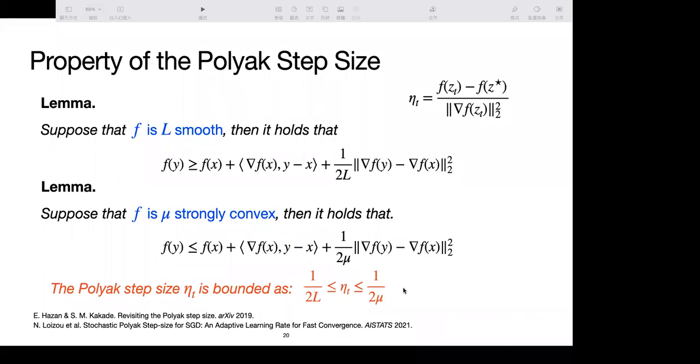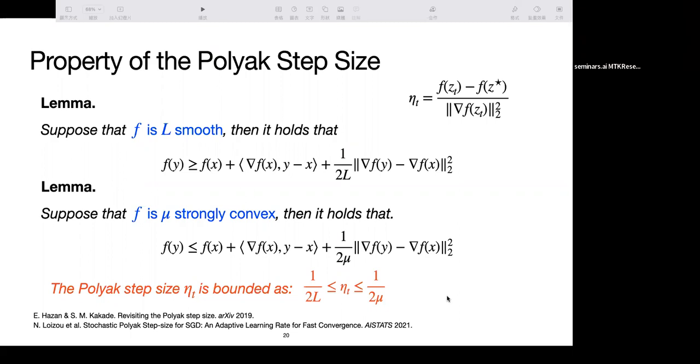Yeah, but you also don't know f of z star. Yes, so you still cannot really know the Polyak step size. Okay. But in the over-parametrized models, the minimum value is always known. So that's why these two papers propose the Polyak step size. Okay. Yeah, thank you.